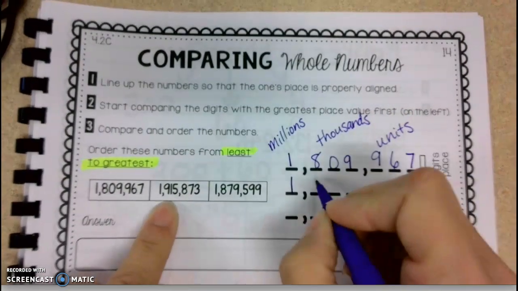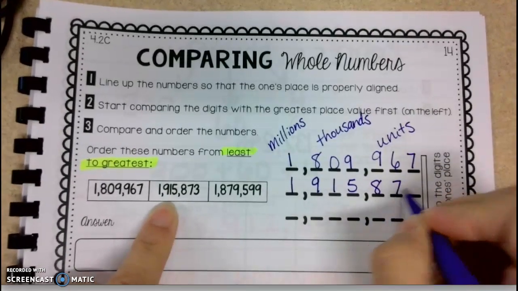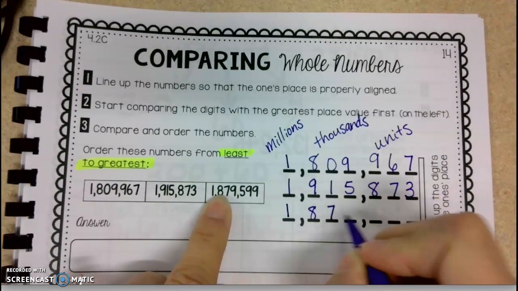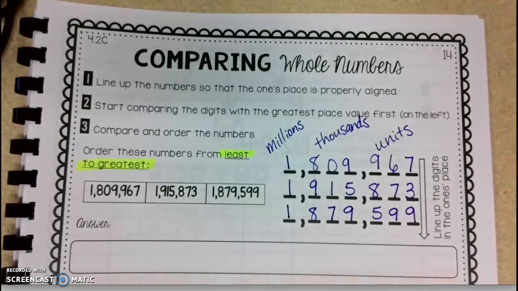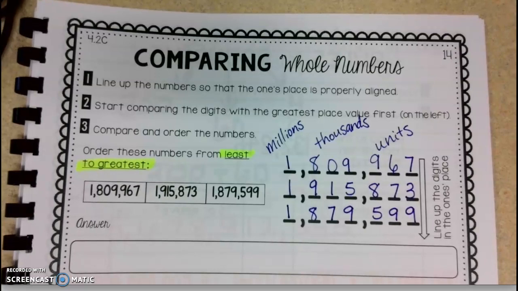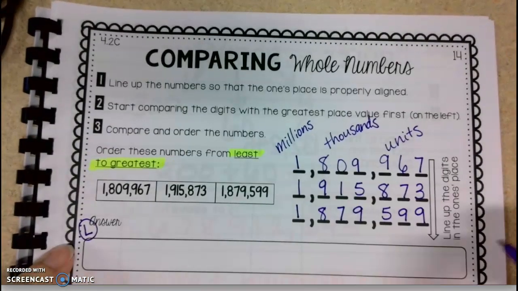So I'm going to write each of my numbers over here, one digit in each blank. And when I'm putting my numbers in order from least to greatest, I like to write an L on the left and a G on the right.